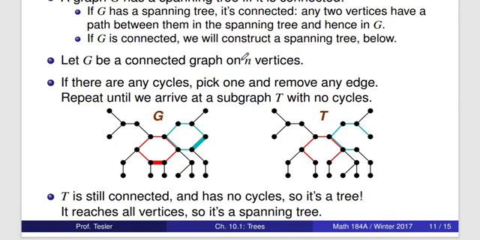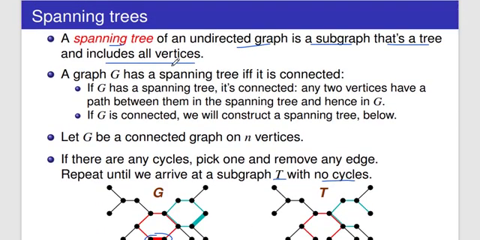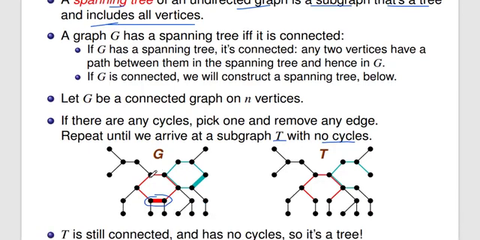We have to include all the vertices, we only remove one edge from any cycle, and repeat until we arrive at a subgraph T with no cycle. We do not remove any vertex; all vertices stay the same. We remove only edges from cycles. It's called a spanning tree.